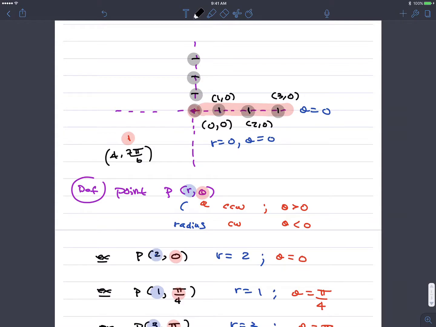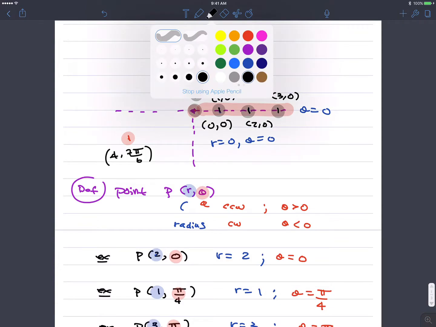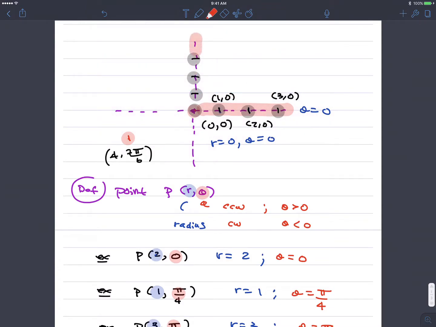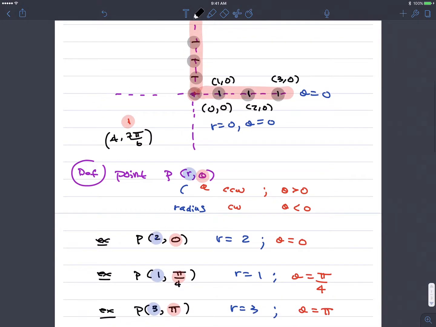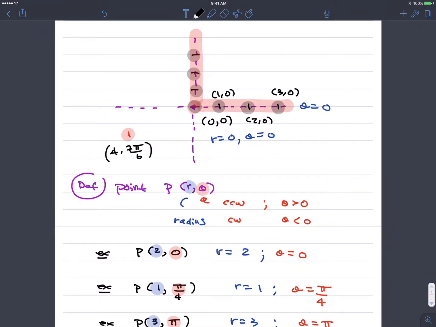Pi over 2. How do we know that's pi over 2? 90 degrees. Well, we know about it from our past. Is that 90 degrees? You guys okay with that? Good. Okay, what are your radius values?